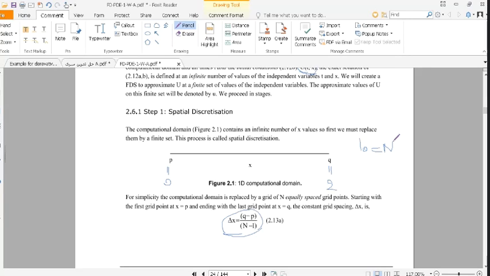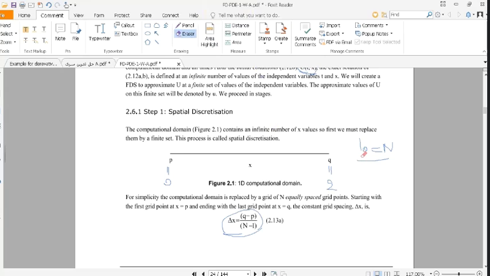When we want to have n points in the computational domain, we can compute delta x by q minus p over n minus 1. In this example, q is 2 and p is 0, and n is 10. So delta x is 2 minus 0 over 9. For simplicity, we take n equal to 11.